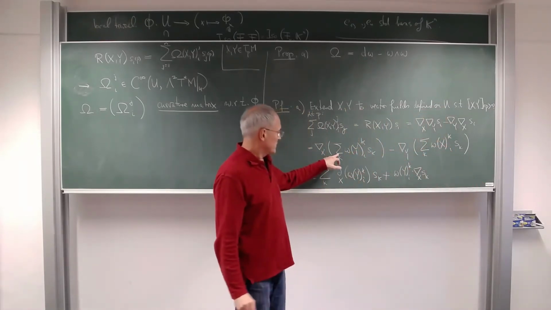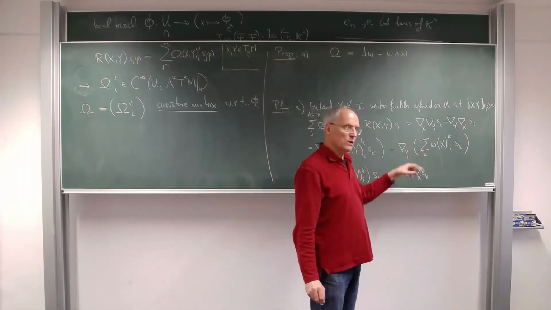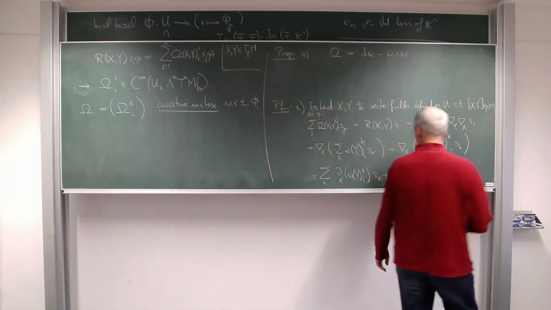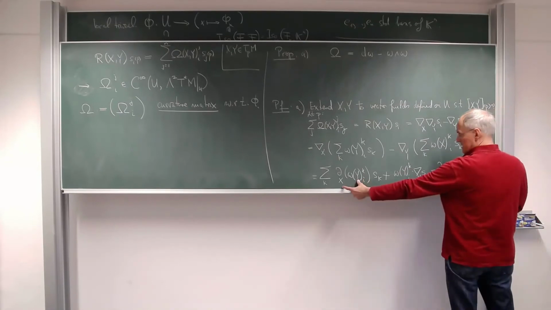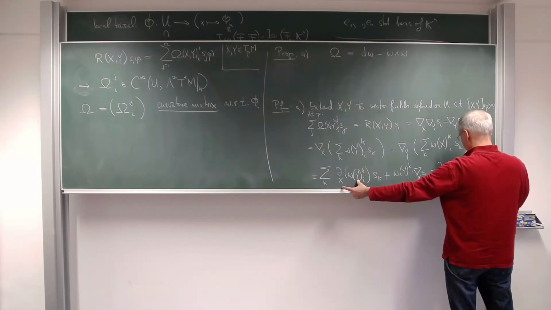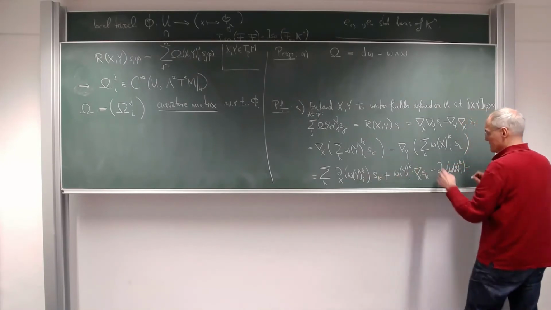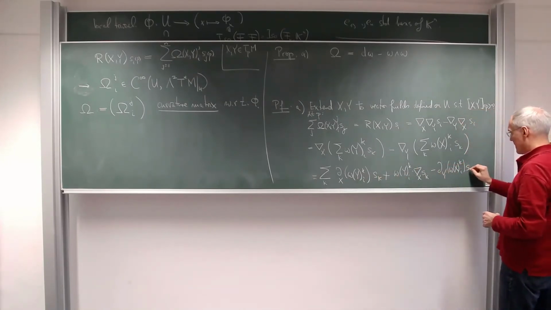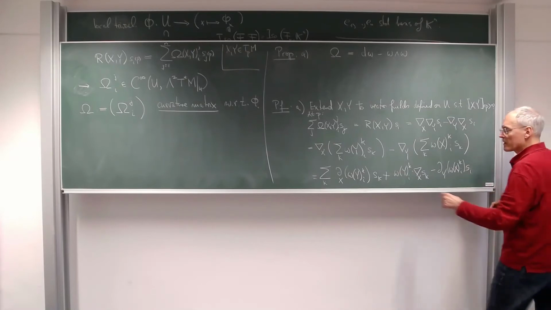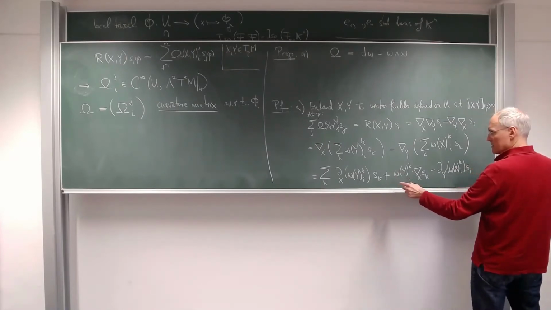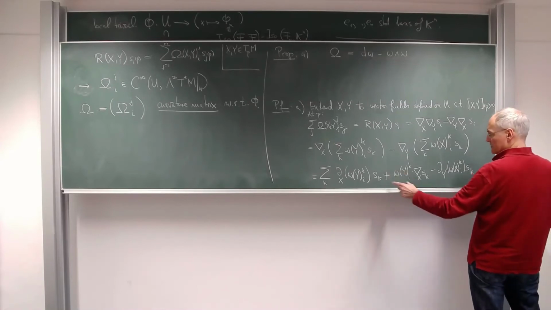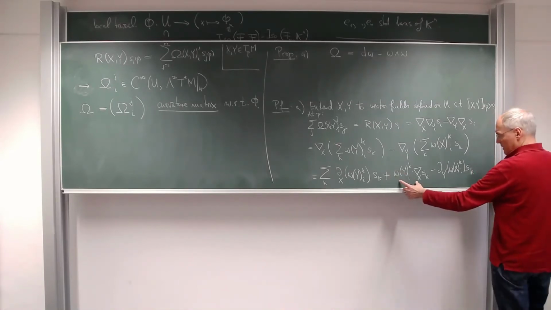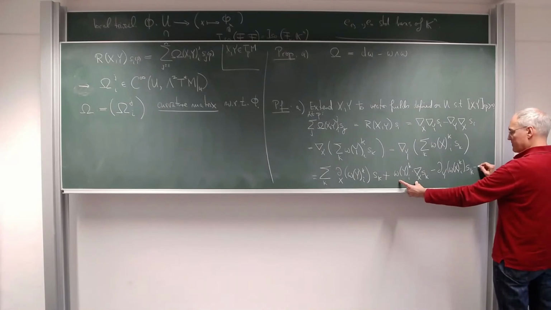That's what we get from the first term, and similarly the second one where we interchange x and y. So minus, we just have to interchange x and y here, and another minus, with y and x interchanged.